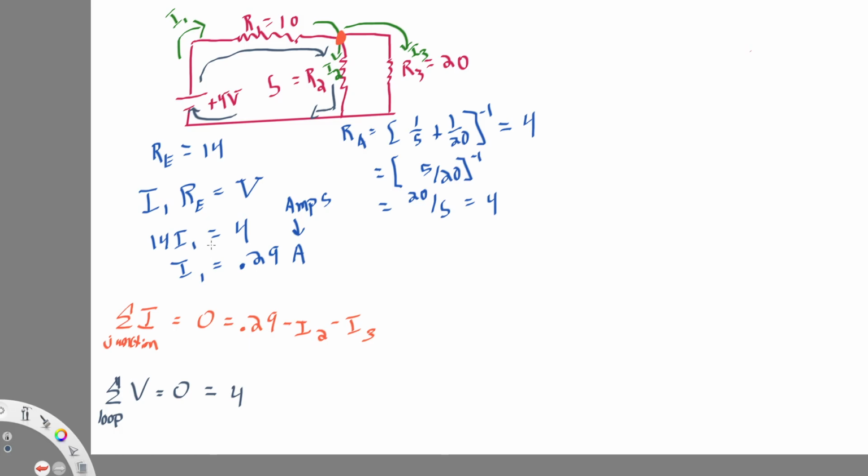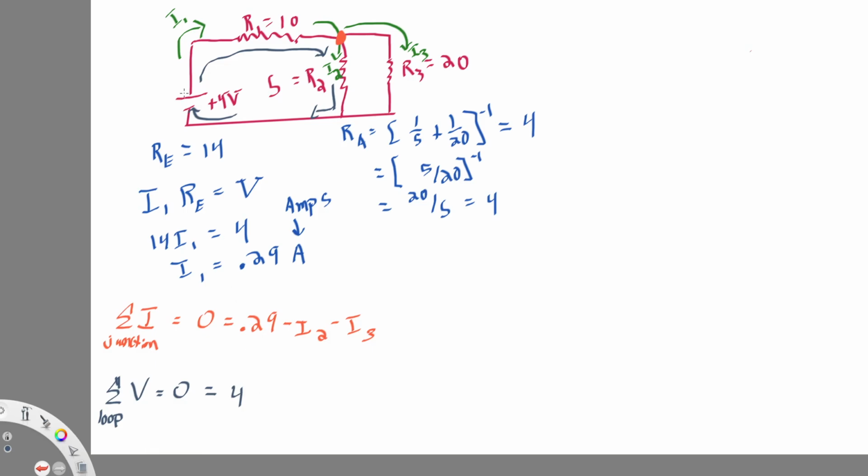Anyway, so you make an initial guess as to the direction. If we end up solving this whole thing and we get a negative value for I2, that means we guessed wrong. And that's fine, it happens. In which case we know that I2 doesn't actually flow from top to bottom. It flows from bottom to top.